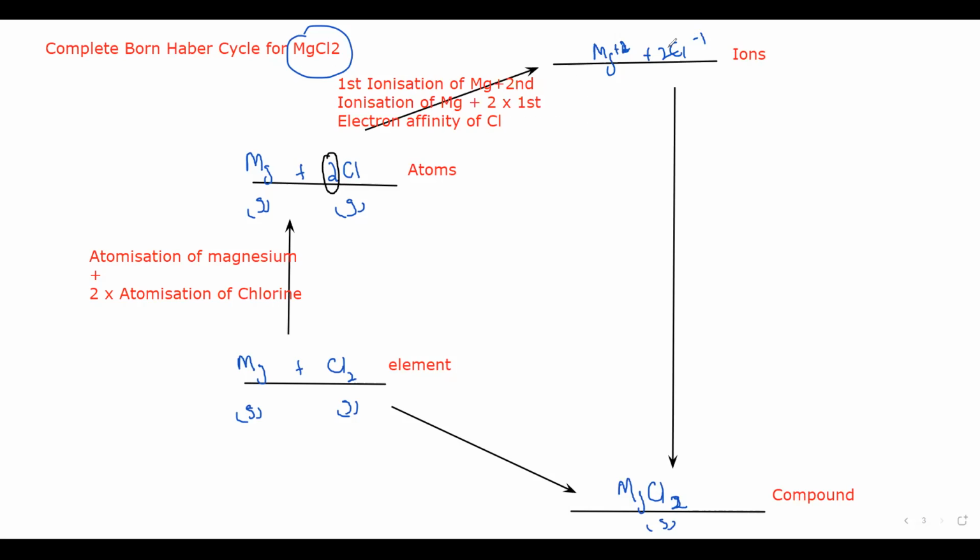As you can see, we are producing two chloride ions with a charge of -1. When one chloride ion with a charge of -1 is produced, it's called the first electron affinity, and we are producing two, so that's why it is multiplied by 2.